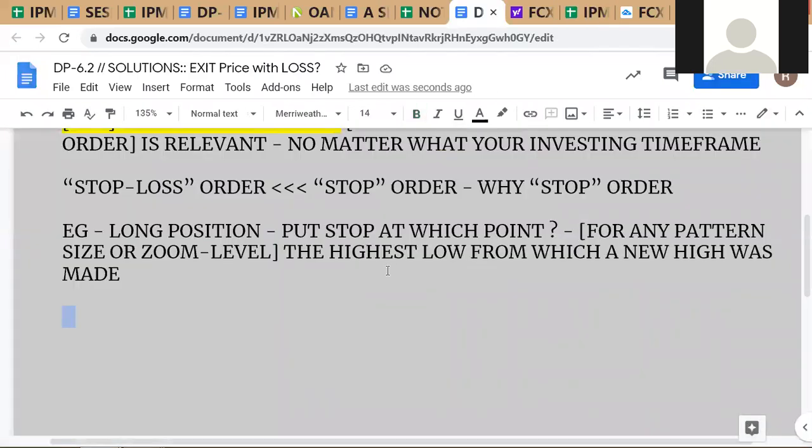The highest low, the stop should always be at the highest low from which it can earn. So this is basically at any given point of time, at any pattern size, put stop at which point, the highest low from which, and let me clarify this.